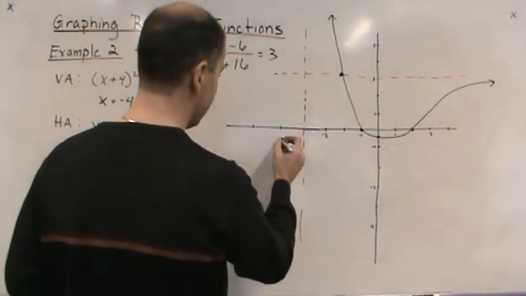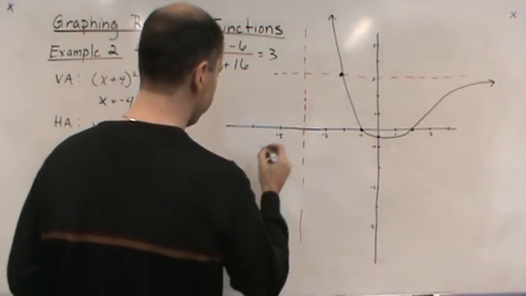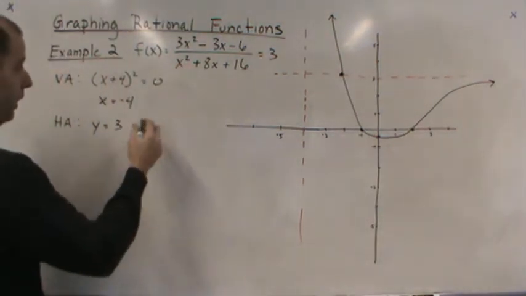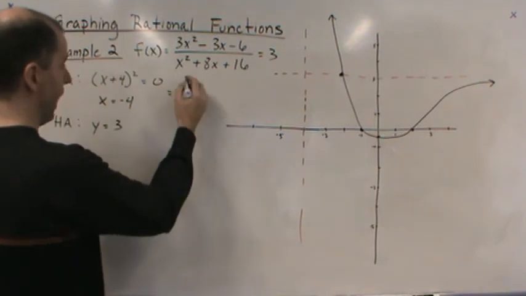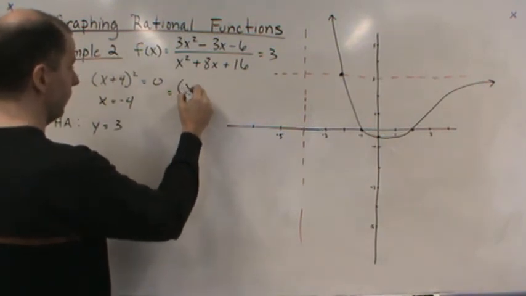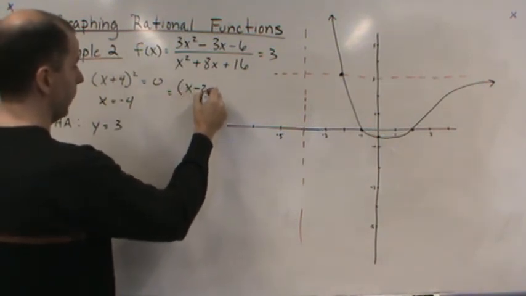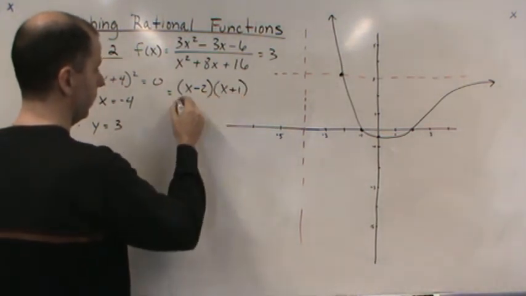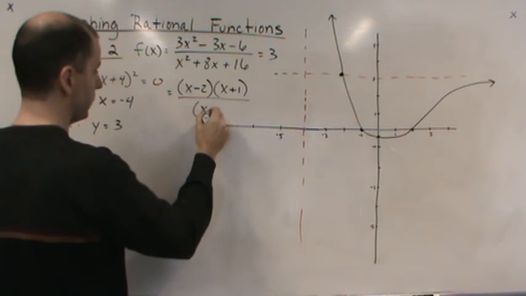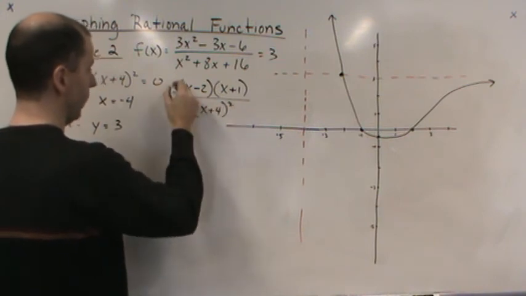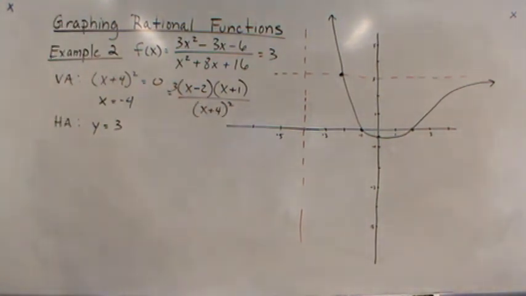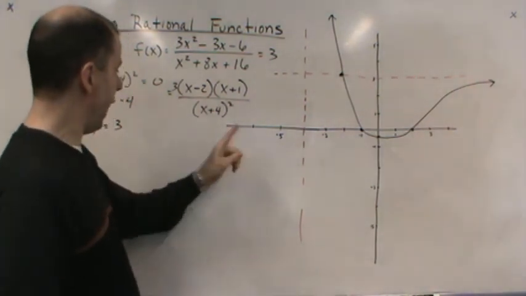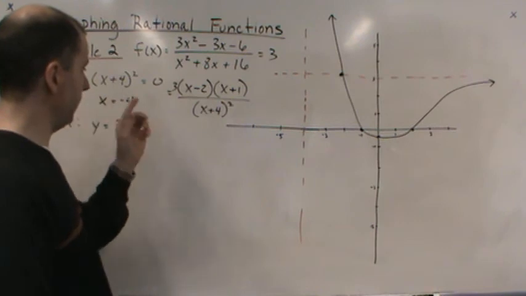So in this case here, I'm going to use negative 5, and this is where I am going to use the factored version. So this is going to be 3 times x minus 2 times x plus 1 over x plus 4 squared. Okay, so now if I plug in negative 5 here, what's happening?